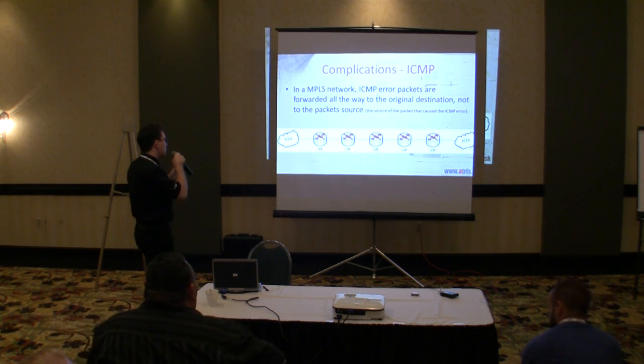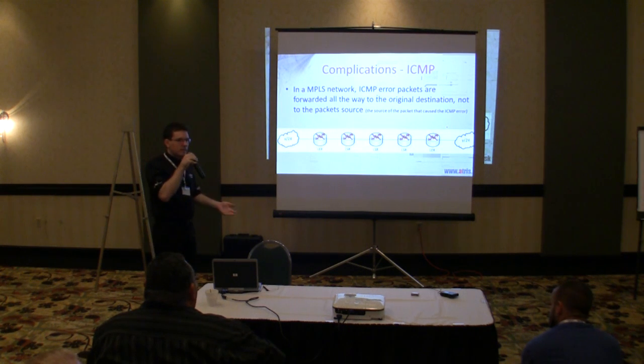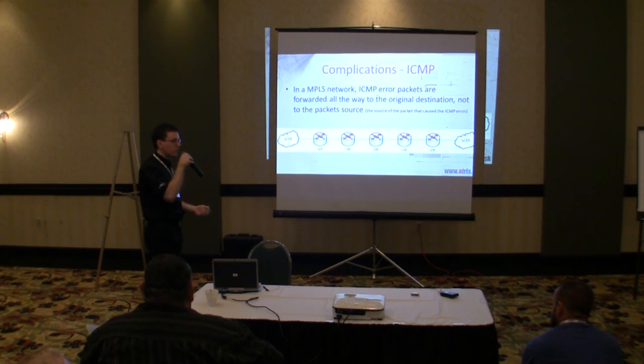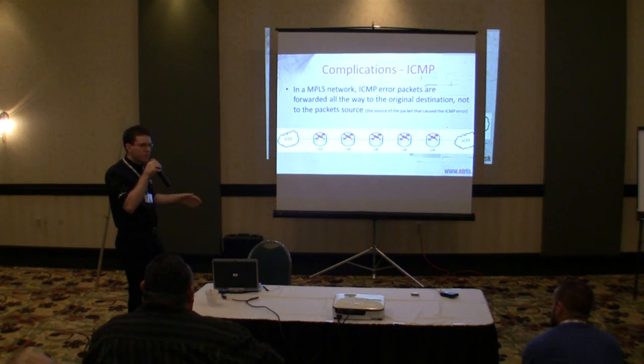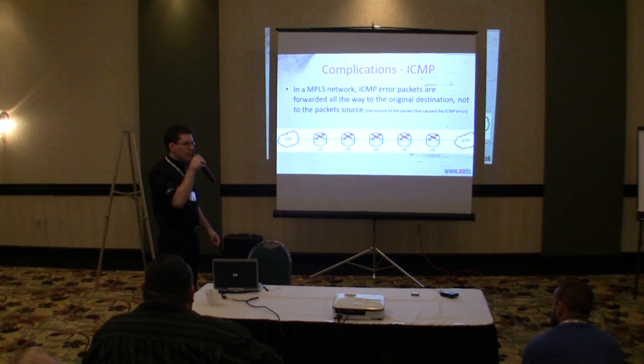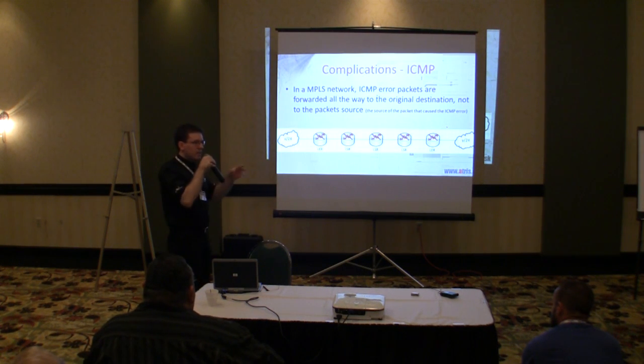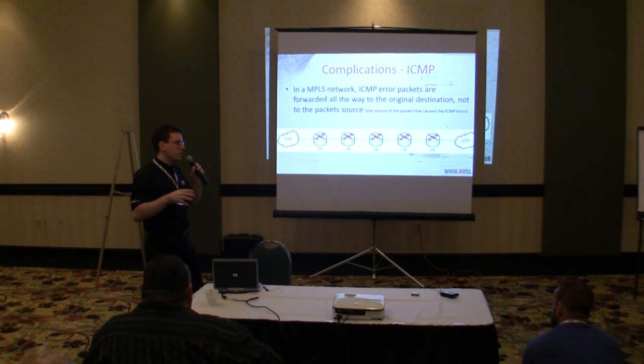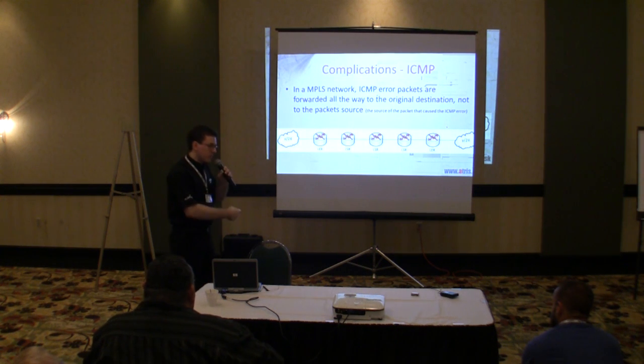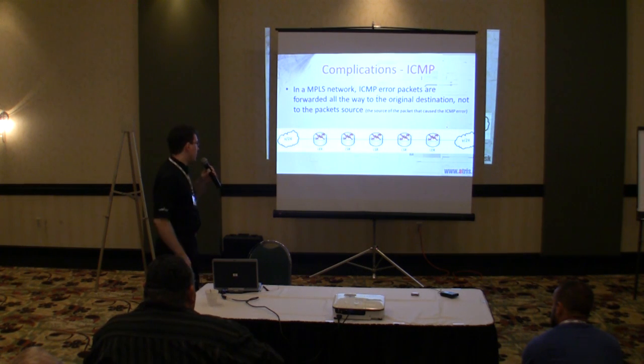For example, if the TTL runs out, the ICMP error needs to be delivered back to the source of the packet that caused the error. This is what normally happens in an IP network. In an MPLS network, the ICMP error is actually switched all the way to the original packet's destination and then switched back to the source that caused the error.